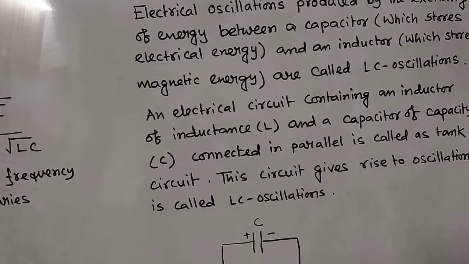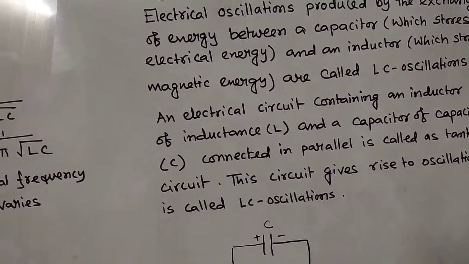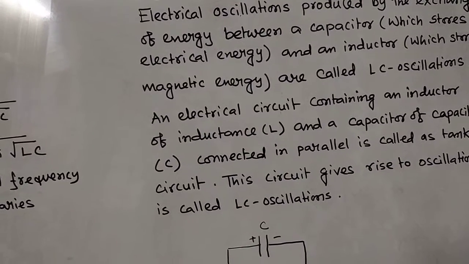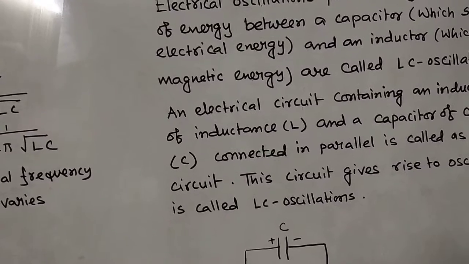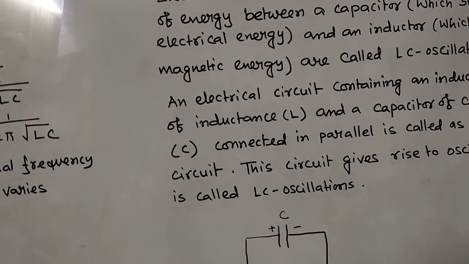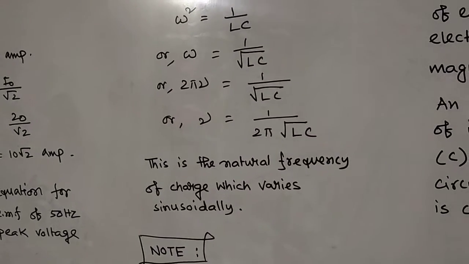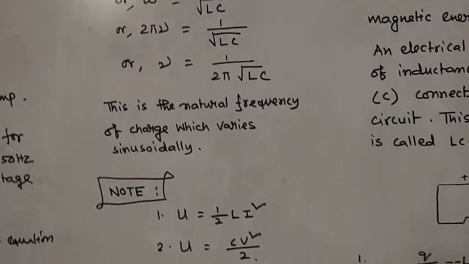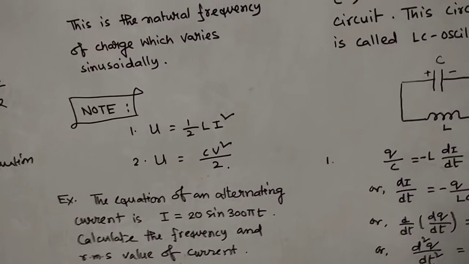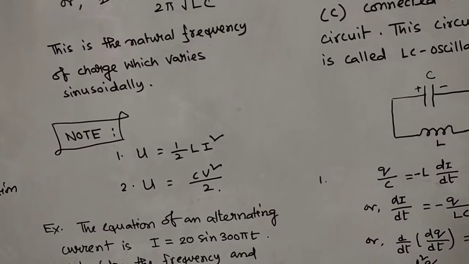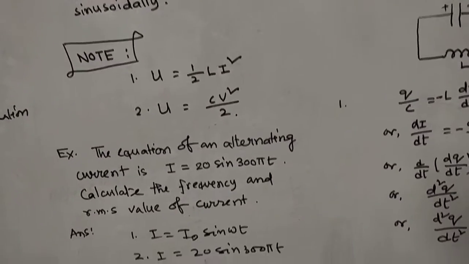Then again the capacitor starts charging at the cost of the energy stored in the inductor. So the charge is maximum again in the capacitor, the energy is maximum in the capacitor and minimum in the inductor. In this way the flow will continue with the frequency nu equal to 1 by 2 pi root LC. These equations are used for electric energy and magnetic energy. In case of inductor it is magnetic energy, in case of capacitor it is electrical energy.